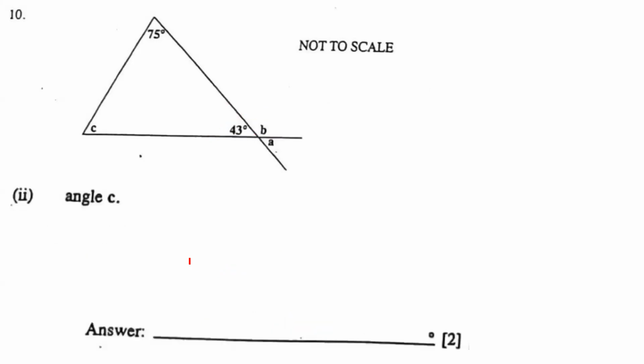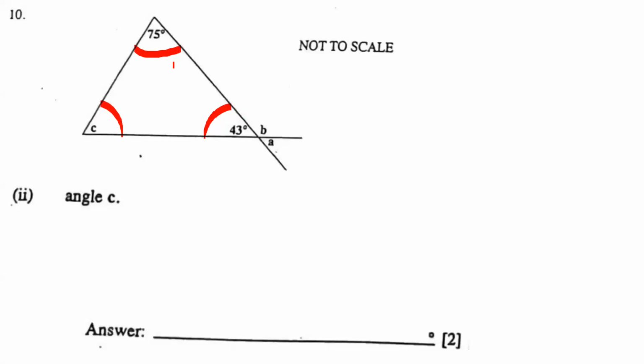Now let's move on to angle C. Angle C is inside a triangle, and we also have other interior angles as well. An important geometric rule to remember is that the interior angles inside a triangle add up to 180 degrees. So that means that 75 plus 43 and C must add up to 180 degrees.